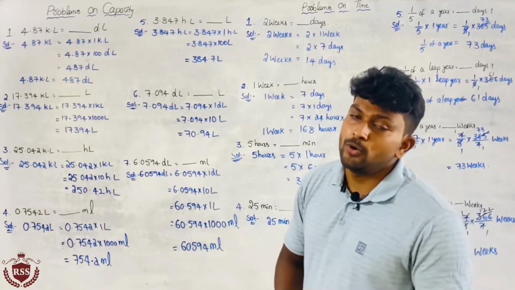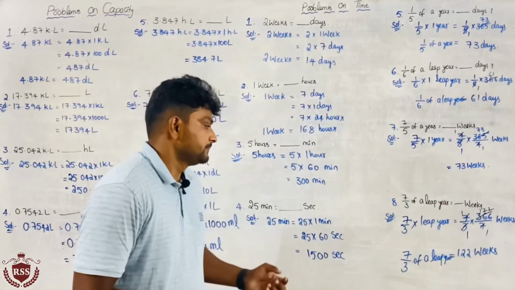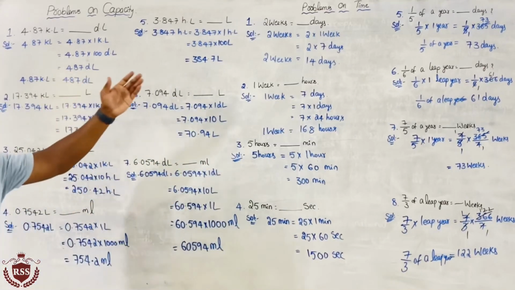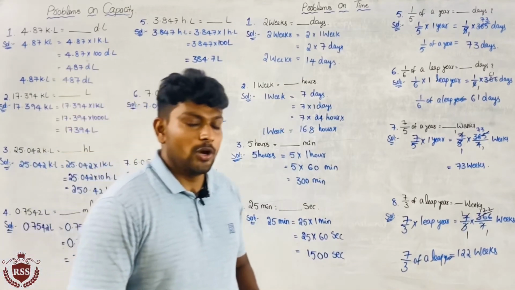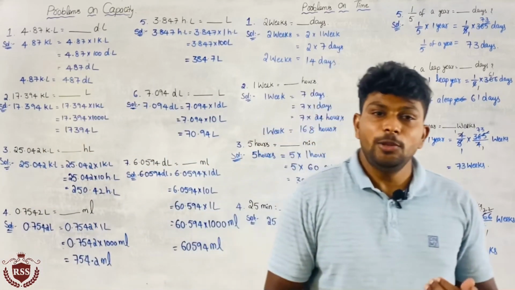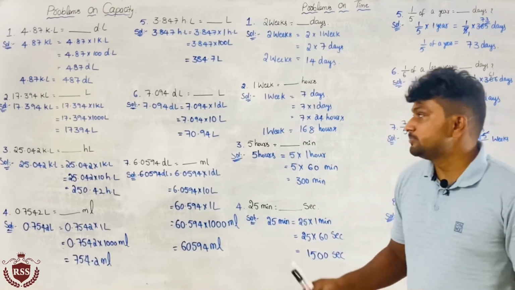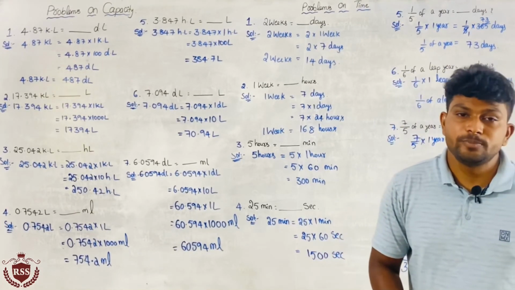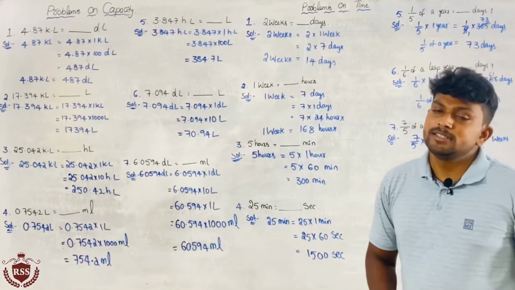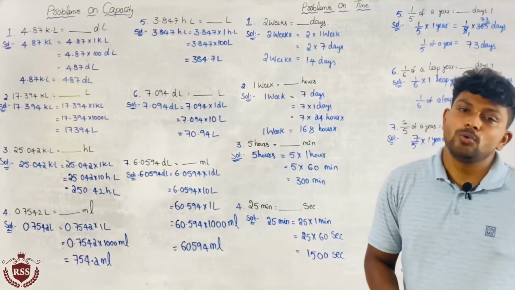Okay, this is all about problems on capacity and time. These topics are very important. You have to learn the basic units first, and then you can do these problems very simply. So please concentrate more on those basic units and try to complete all these questions on your own.